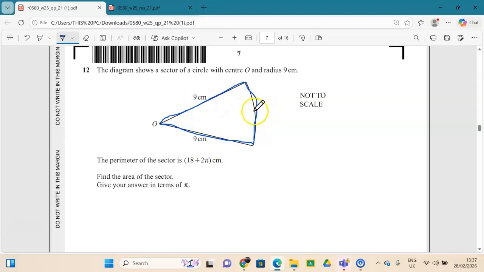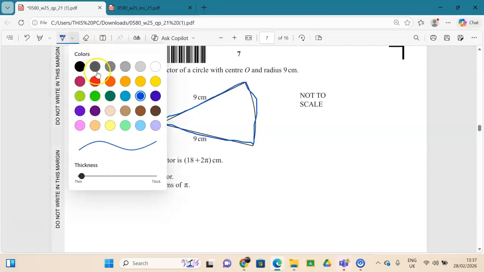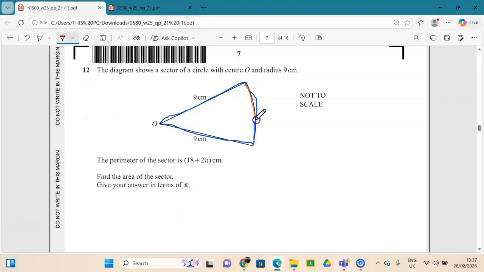Now, this distance will represent the length of this arc, from here to here. So the length is simply 2 pi, because that is the length of the arc.